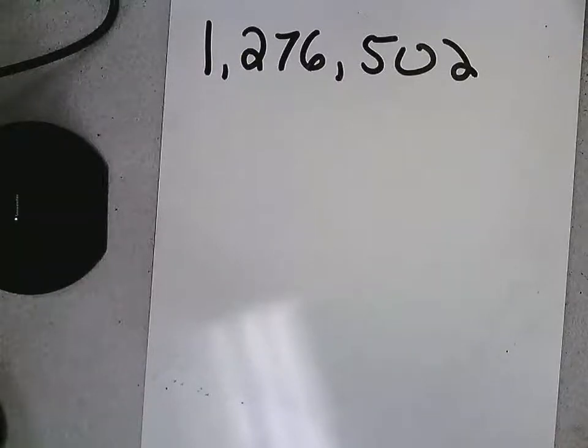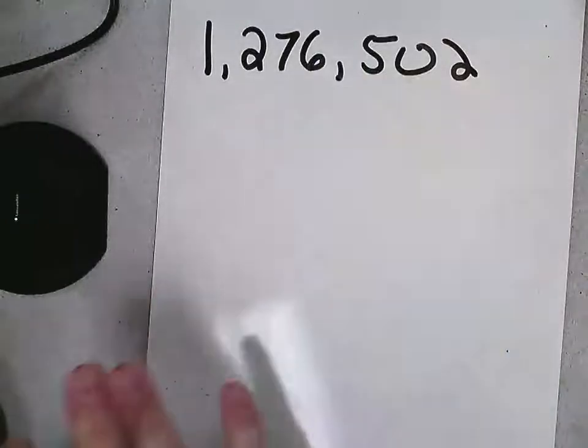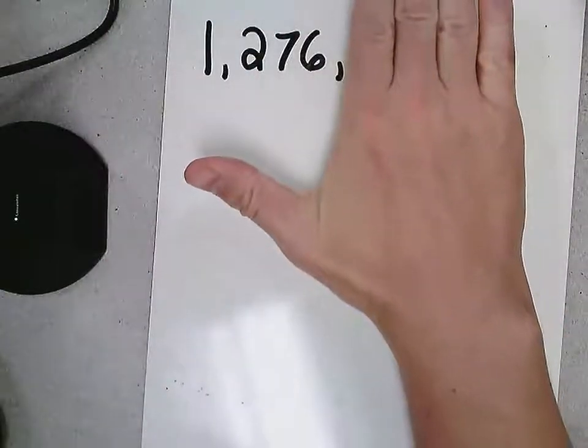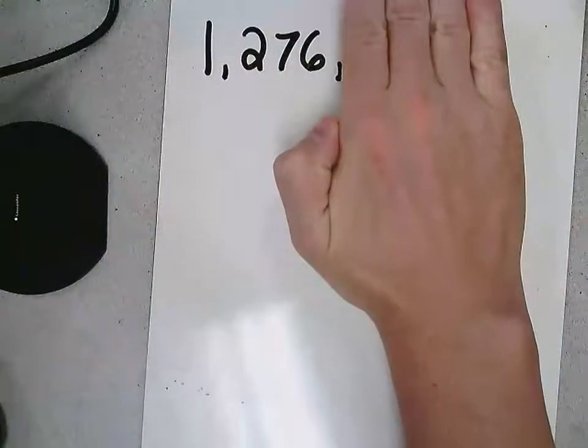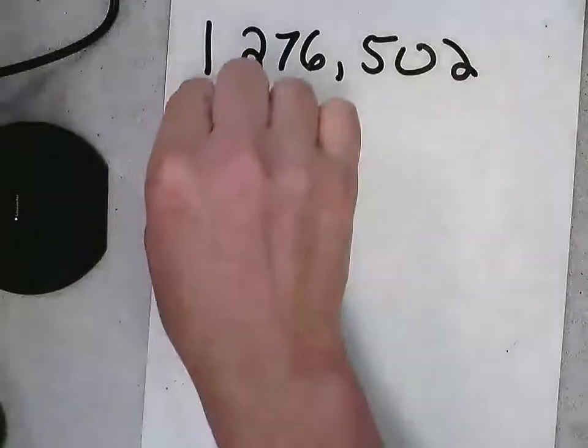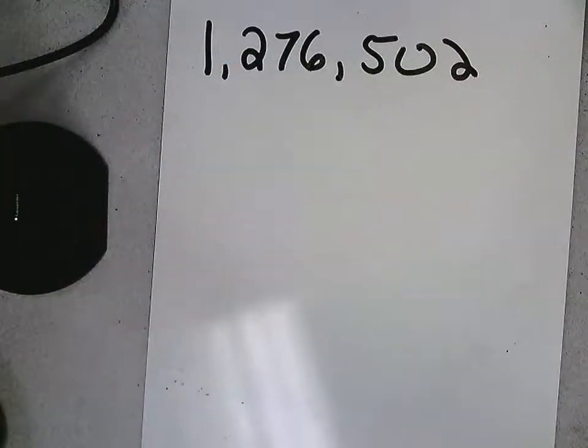Okay, so when we're looking at this, you have your hundreds, 502. You have your thousands. If we were to cover up that millions place too, it'd be 276,000. And you have a 1 in the millions place, which would be 1 million.